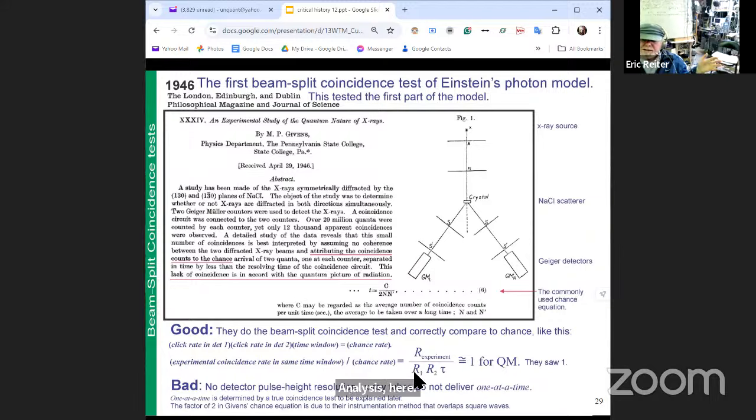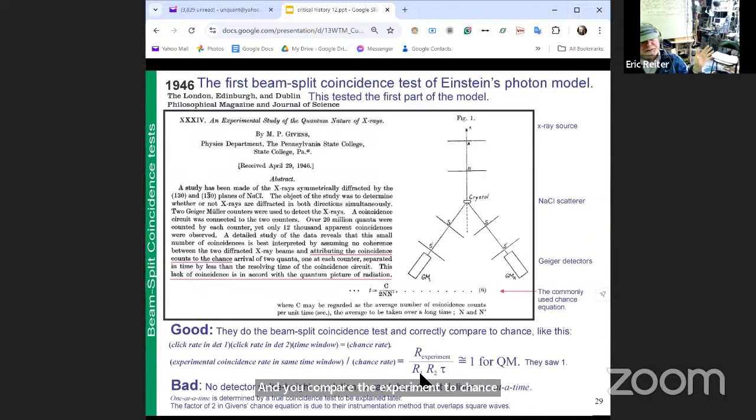You take the rate in one detector, the rate of the other detector, and this time window within which you count as coincidences, you multiply that together, and that's the chance rate. Then you look at how many coincidences happen within that time window, and that's the experimental rate. And you compare the experiment to chance.